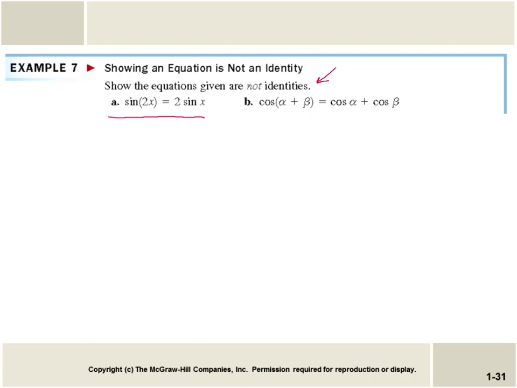Good. I just find, if I can find one contradiction, identities are always true. If I can find one time that it's not true, I've proven that it's not an identity, right?